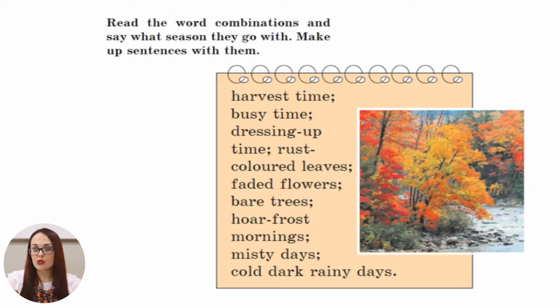Now we are going to read some word combinations, translate them and say what seasons they go with. We are also going to practice describing seasons with the help of these word combinations. So let us begin.